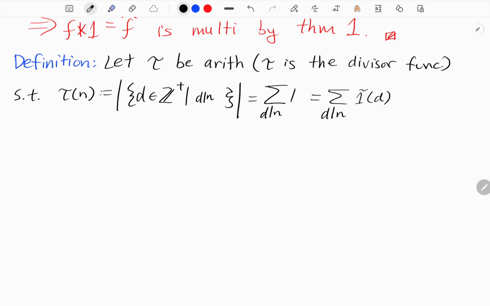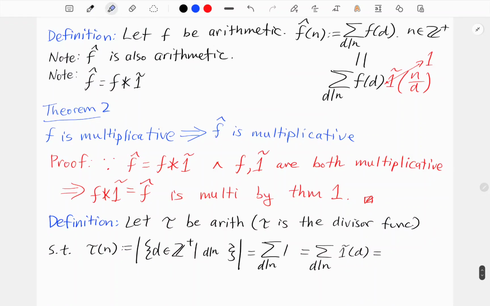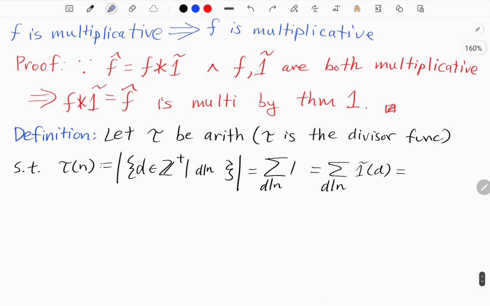All right. And what's nice about this is that from this definition, our 1 tilde is our f, our arithmetic function. So this means that the sum running over all d dividing n of 1 tilde of d is just 1 tilde hat of n.